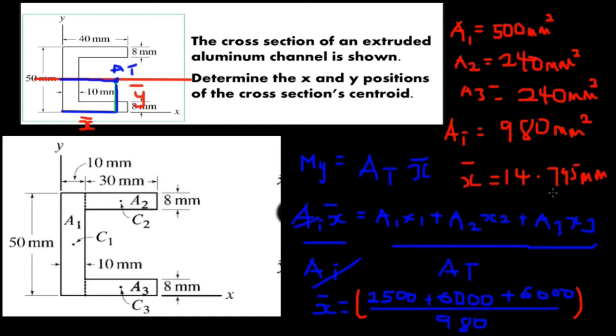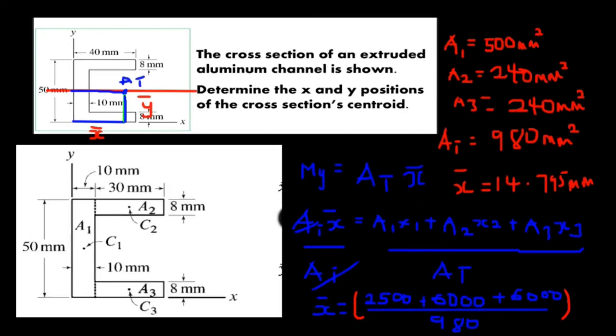So now that we found x bar, let's go ahead and find the y bar also using the same approach. For us to find the y bar, that means we are going to take the moment about the x axis. Let me go ahead and clean the board for some space.